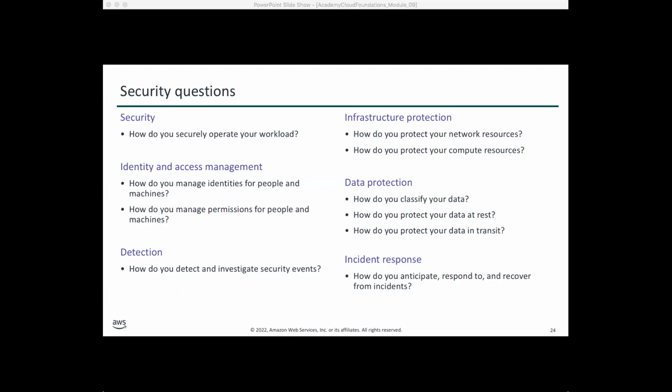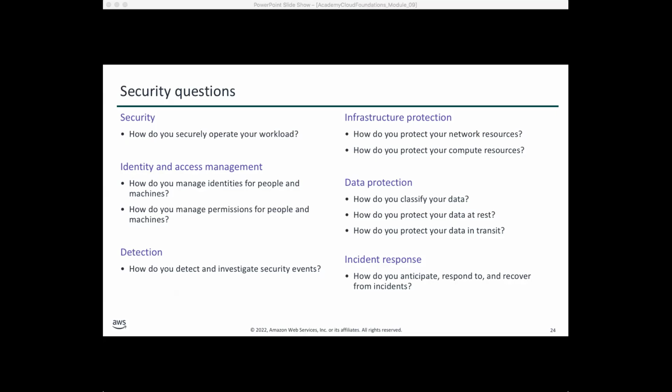Now you can see these questions here, right? The foundational questions for security fall under these 6 categories, or 6 best practice areas. So security first: how do you securely operate your workload? This is a generic question, but it will probably include most of the solutions, depending on your workload.